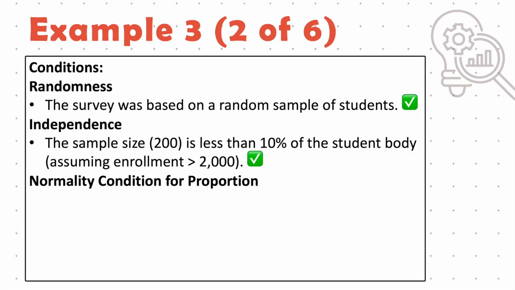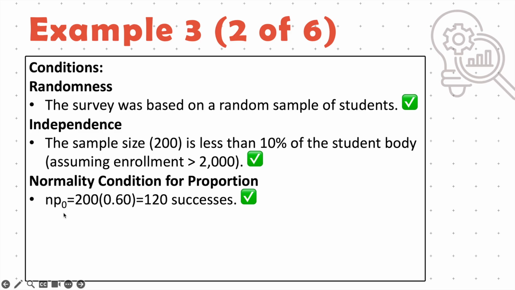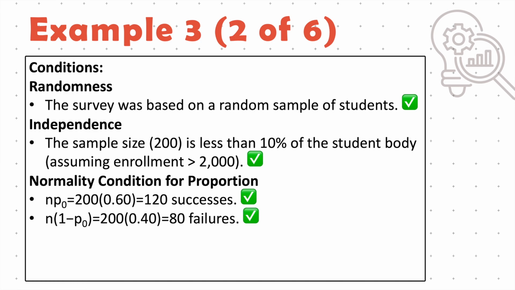Lastly, we're looking at the normality condition. For this, we're checking to see if we have at least 10 successes and at least 10 failures. That would mean 200 times 0.60 for the hypothesized proportion gives me 120 successes and 80 failures. Both of these are at least 10, so our condition is met.